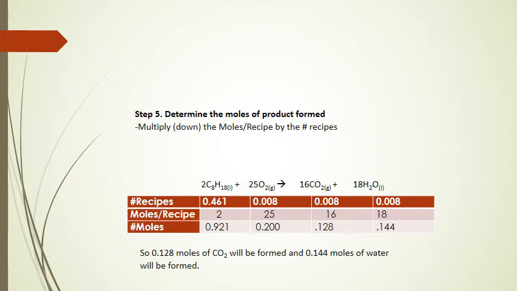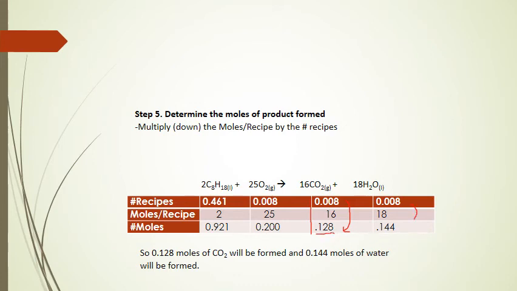Now what we need to do is figure out how many moles of your product you're going to form. So we're going from recipes to moles. Every time you do it, you need 16 moles. You're going to do it 0.008 times, so that's going to give you 0.128 moles of carbon dioxide.